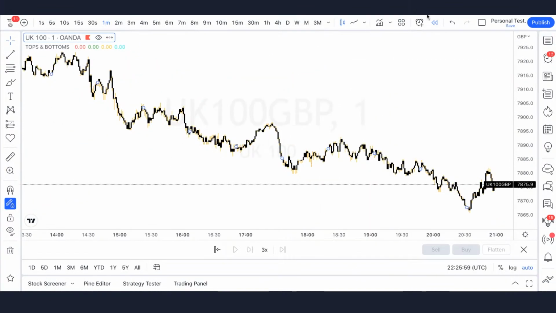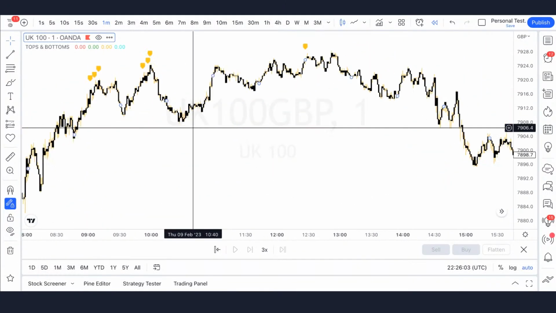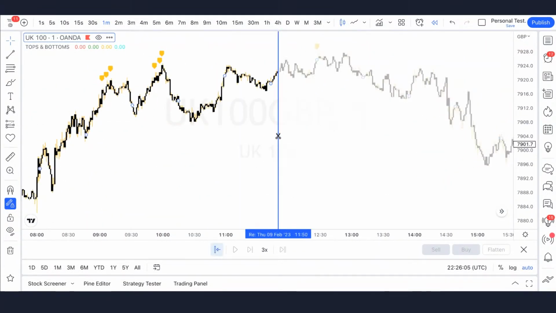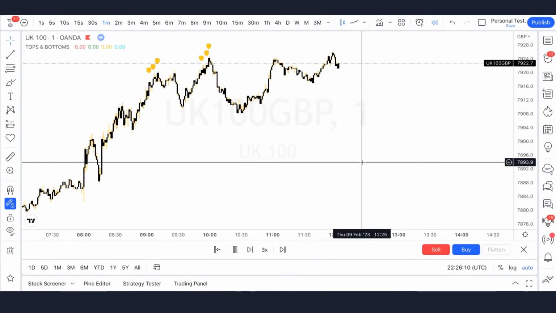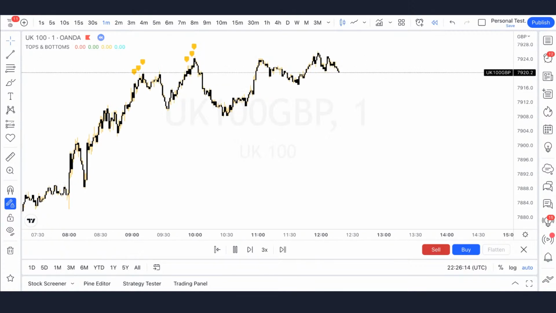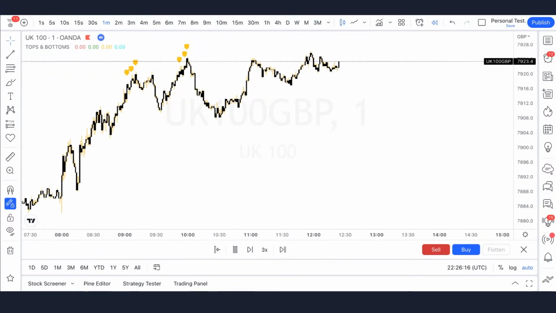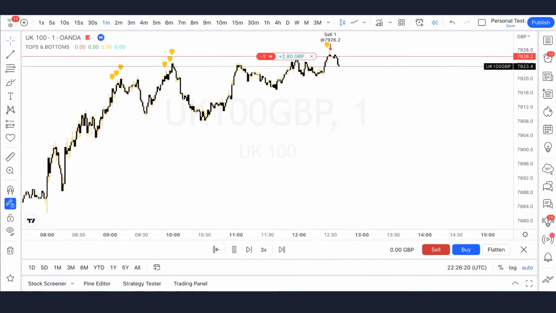Let's go back to it. So we then started to take this position here once this triggered for us. I had an alert set, that alert triggered, and just there we took our sell entry.